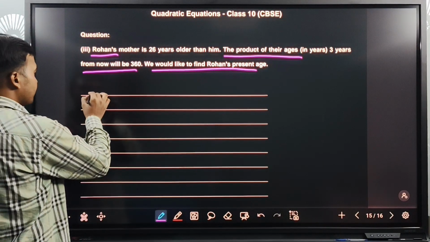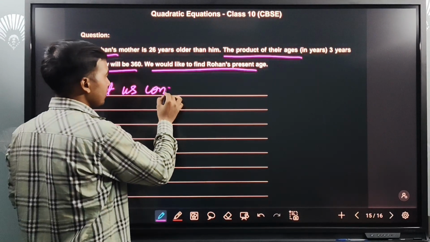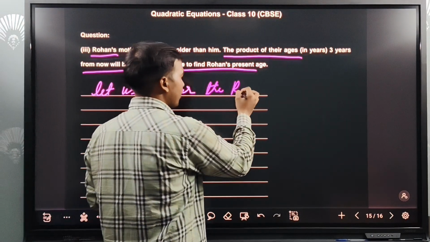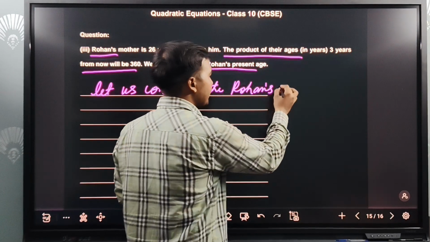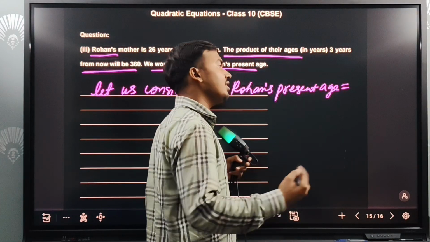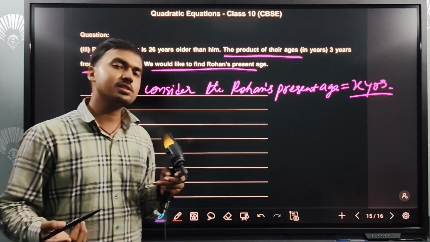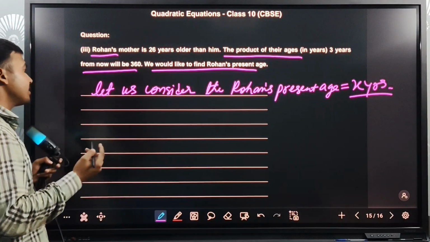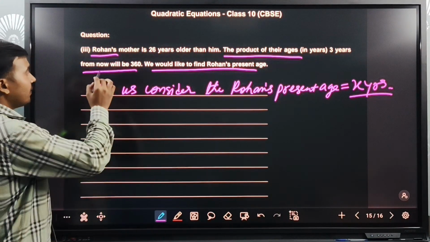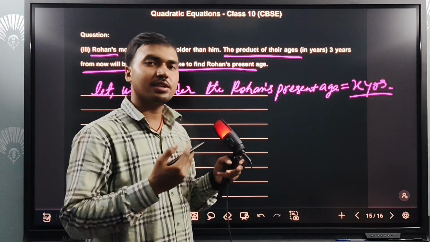For solving this question, let us consider Rohan's present age to be x years. With this present age, we will also write the present age of Rohan's mother.